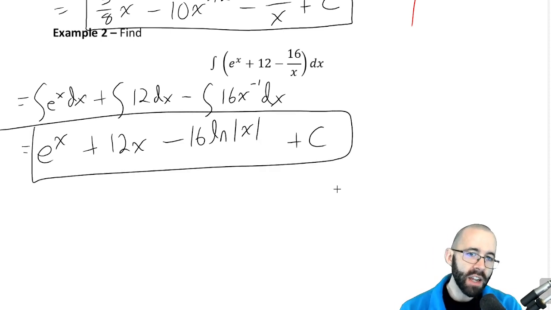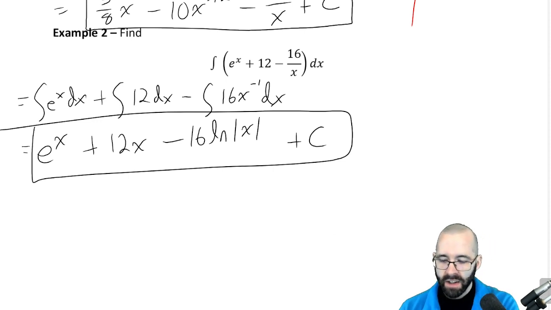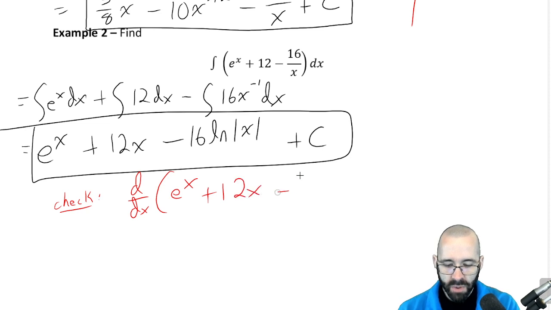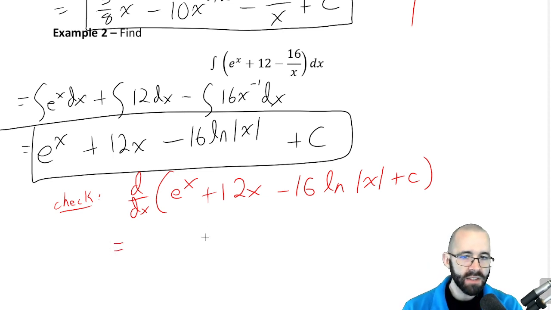We can mostly check the derivative, right? Again, to check our answer, we would take the derivative of our answer, and hopefully we'd get the original function. And yeah, if you take the derivative of this, the derivative of e to the x is e to the x.